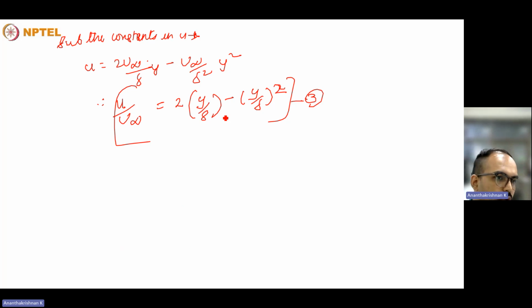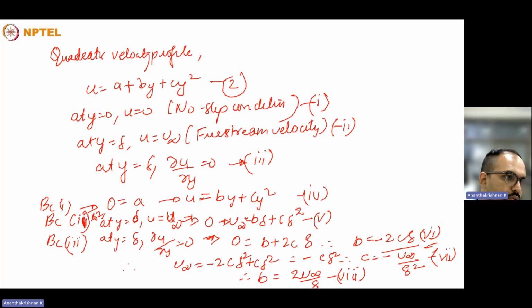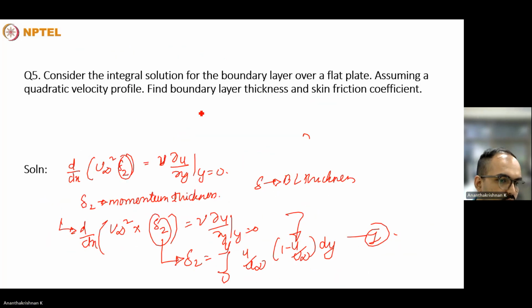Now, since we have the velocity profile, we substitute this in the momentum thickness delta 2 to get the value of delta 2, and substitute it in the first equation of the integral momentum equation.